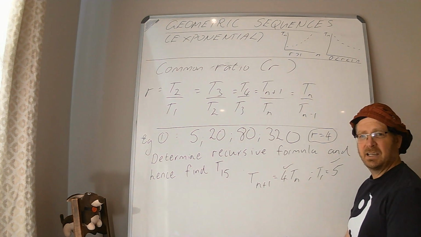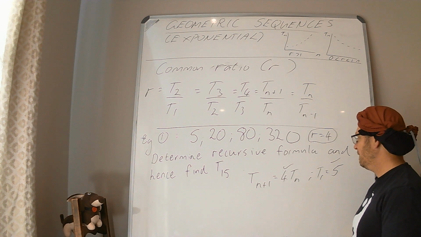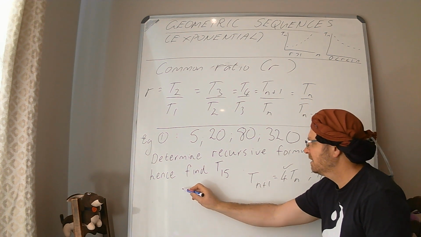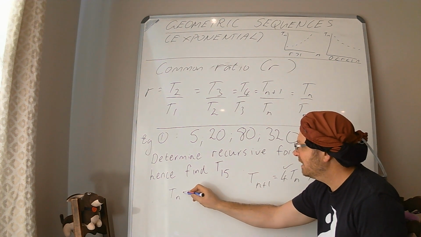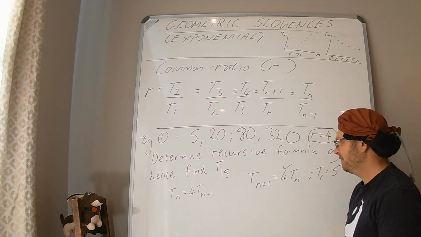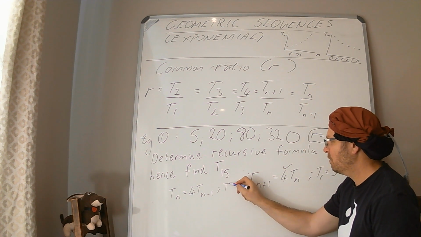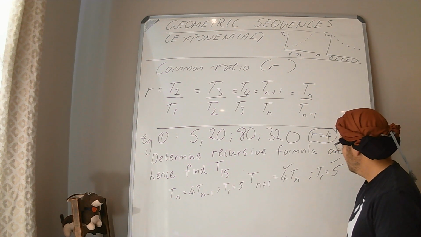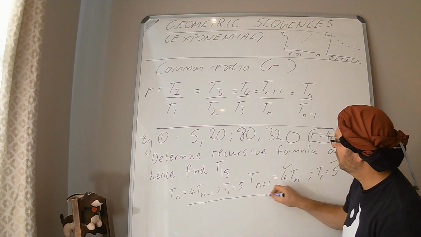So term n plus 1 is equal to 4 times term n, and term 1 is equal to 5. Likewise, you could say term n is equal to 4 times term n minus 1, and term 1 is equal to 5. Right, so that is your recursive formula.